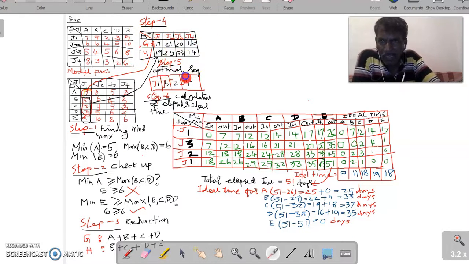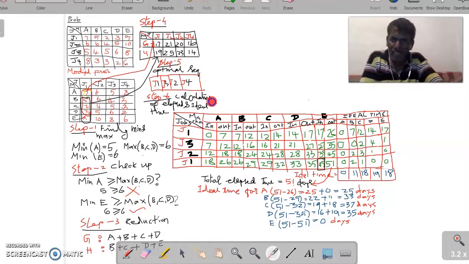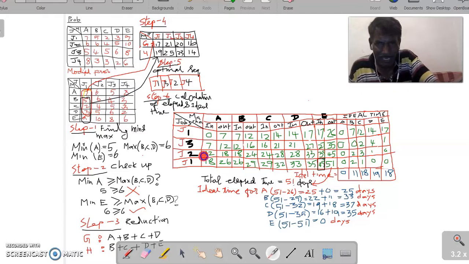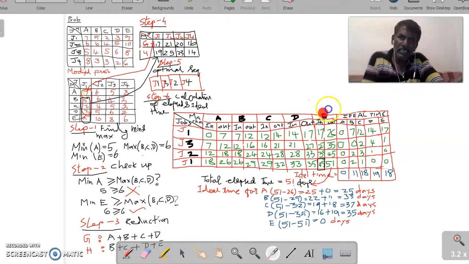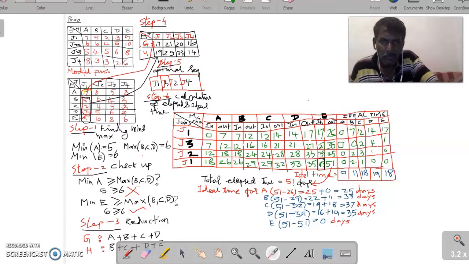Okay. And next, we know how to calculate the total elapsed time and the idle time for all the machines here. The machines are A, B, C, D, and E. So we know how to find the total elapsed time and idle time.